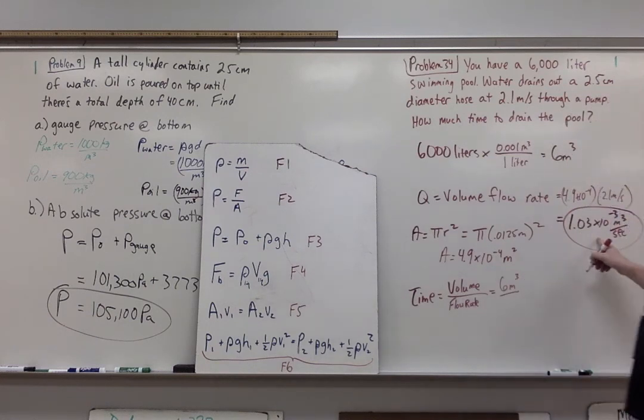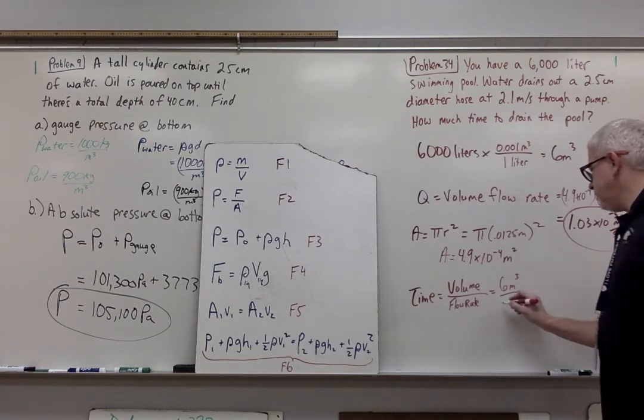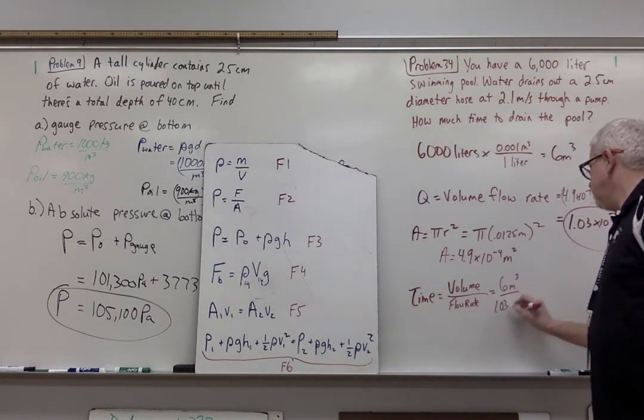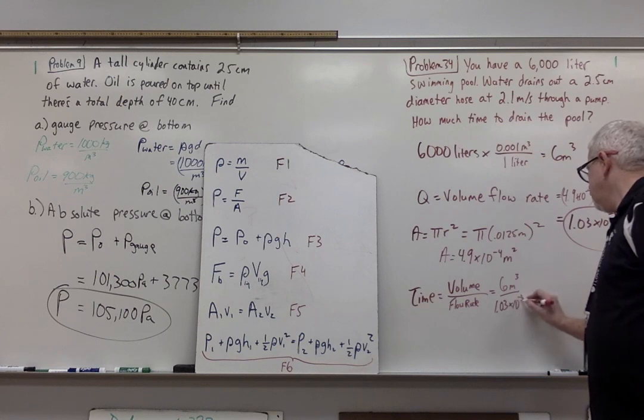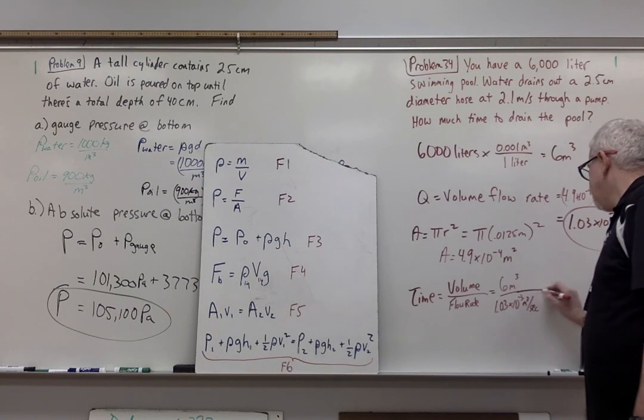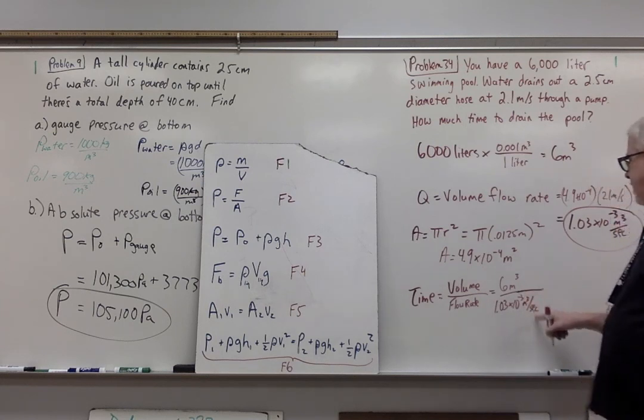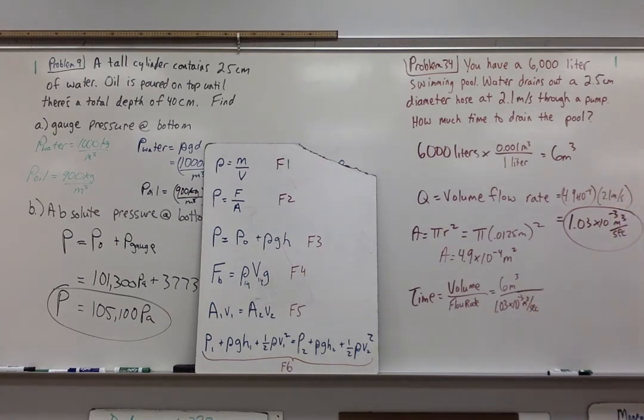We're leaving at this amount of cubic meters per second. Cubic meters divided by cubic meters cancels out. Second is in the denominator. That makes it in the numerator. So my answer would be in seconds.